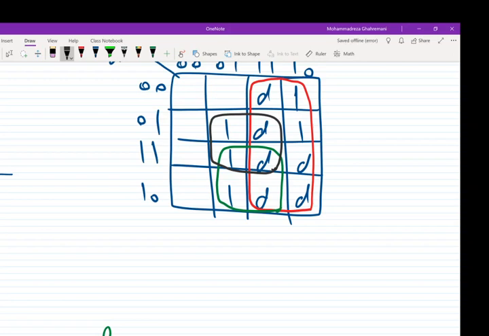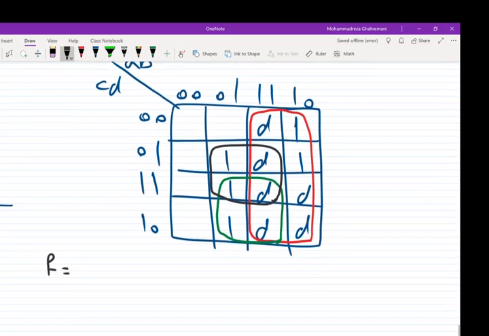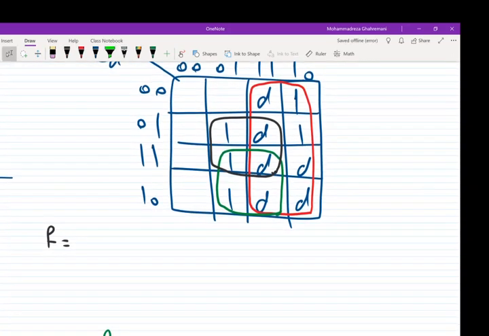Okay, and we write the function. So f is equal to, for the black group, of course A is changing, B is constant, so it's B, and BD plus. For the green one, A is again changing, B is constant, BC, okay, plus.